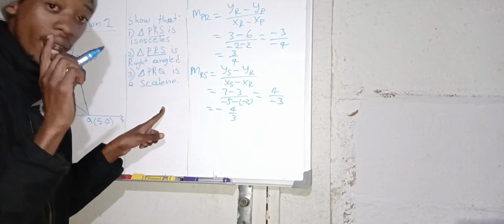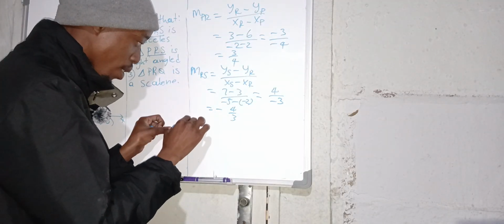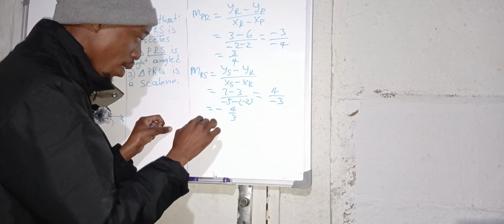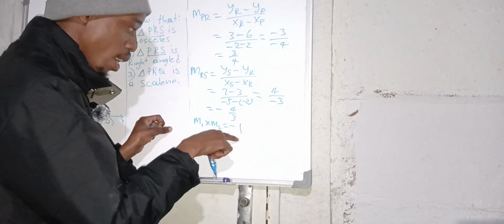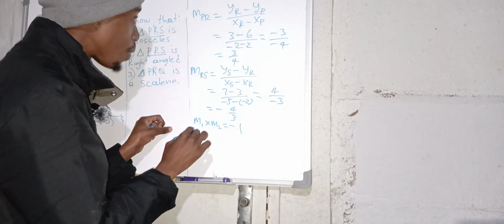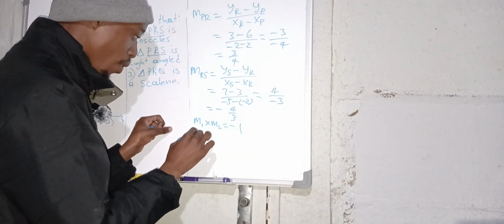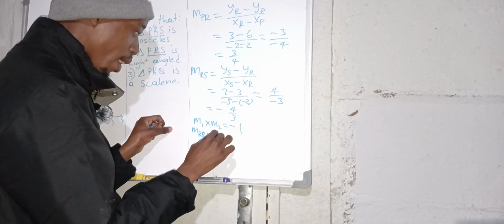So now, like I said, this is the statement: the gradient of 1 multiplied by the gradient of 2 needs to give you negative 1. Let's prove this. I have the gradient of RP multiplied by the gradient of RS.